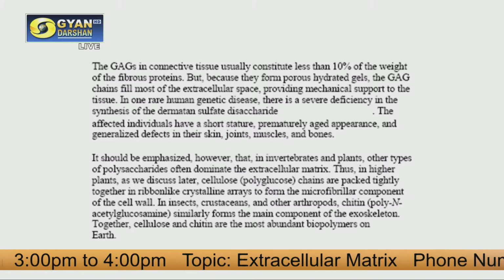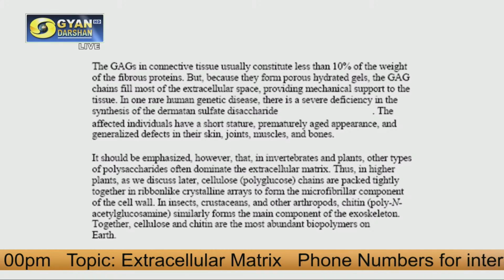Outside the plasma membrane you have the cell wall, which is mostly composed of cellulose, hemicellulose, pectin, and also some structural proteins. So you have the ECM also in plants.